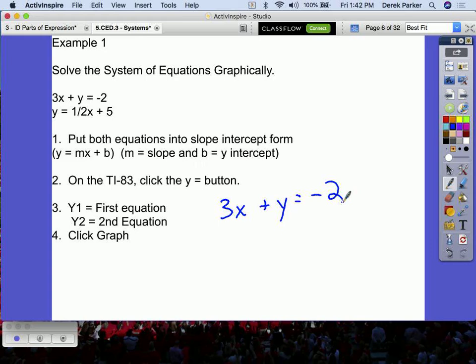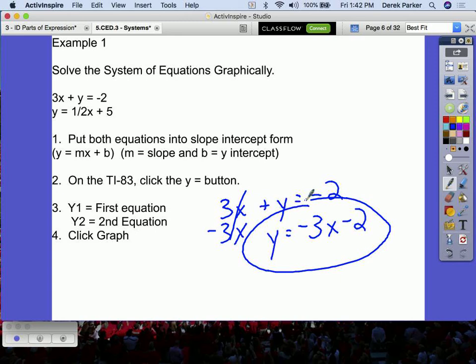That way I can place it in my graphing calculator and solve. And y equals negative 3x minus 2. Once I have that, I'm going to place this equation and this equation into the calculator. So let's do that now.